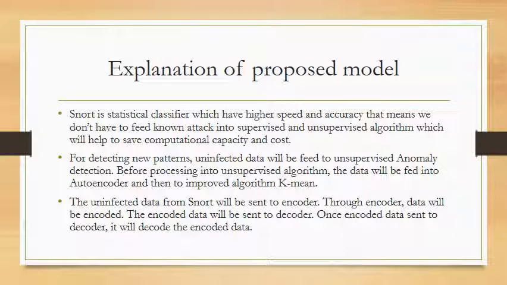If the pattern is not recognized by Snort, it will be sent to anomaly detection, which is based on supervised and unsupervised algorithms. The data is sent first to the unsupervised algorithm, because it leads to better clustering of data. Then it can be fed directly into the decision tree or supervised algorithm.